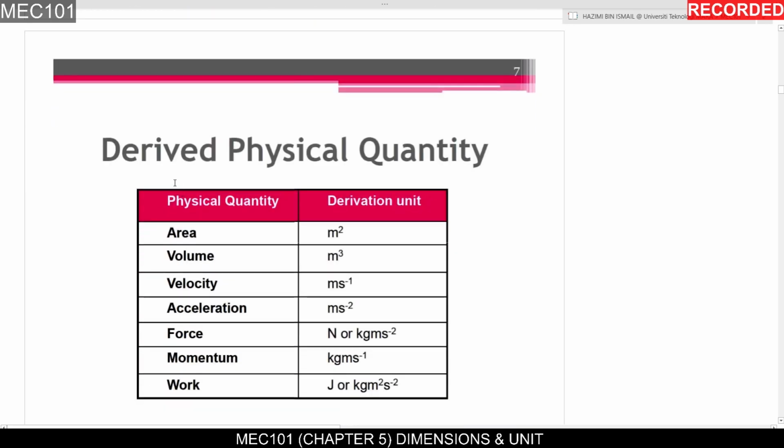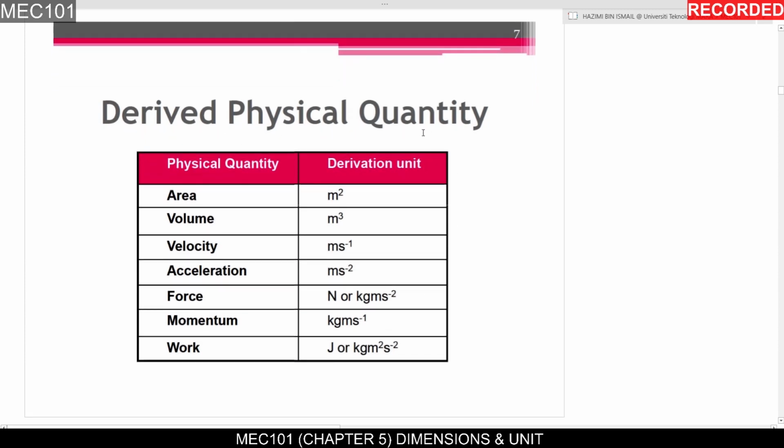Okay, these are examples of derived physical quantities. These are combinations of the basic quantities. Examples are area, volume, velocity, acceleration, force, momentum, and work.